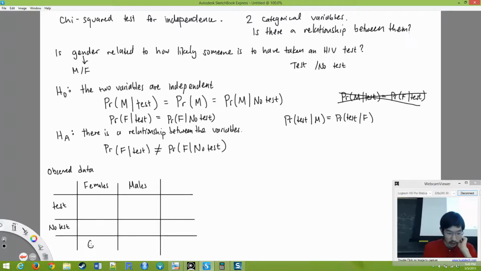We had 61 here, 59 here, for a total of 120. 9 females took the test, 52 had not. 8 males had taken the test, 51 had not, for a total of 17 have taken the test, 103 have not.